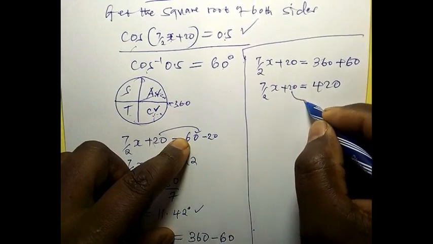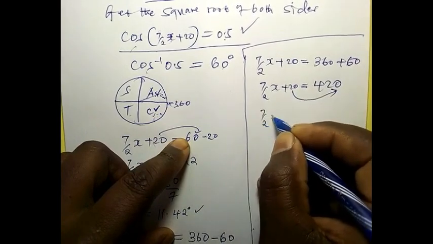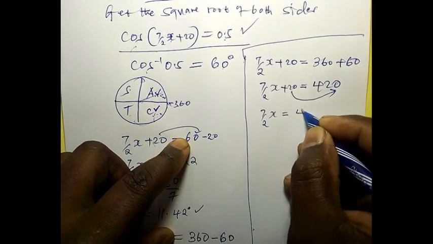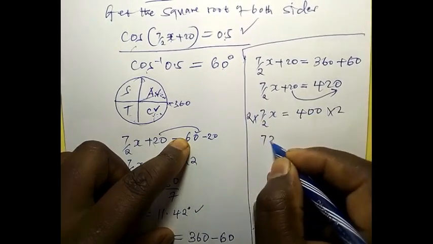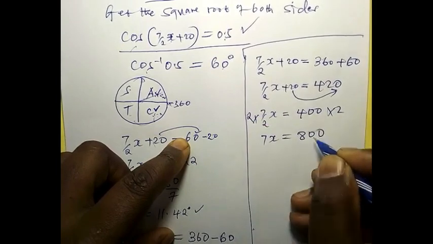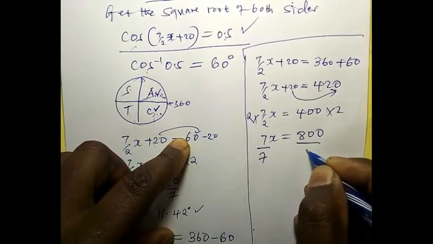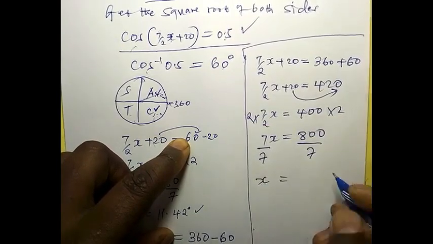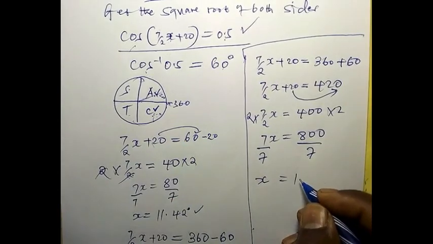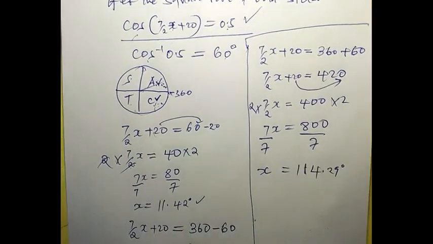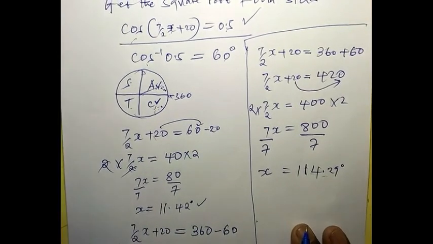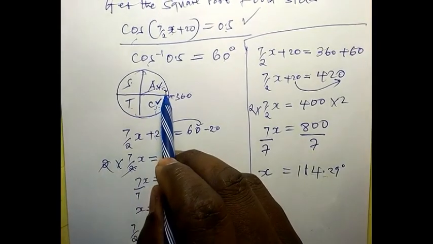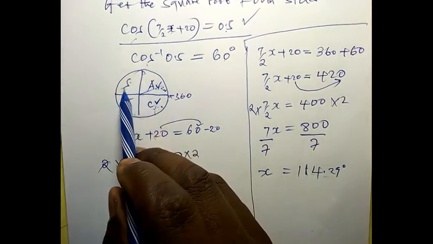So like terms together, 7/2 x equal to 400. Times 2 both sides, 7x equal to 800. Divide both sides by 7, x will be equal to 114.29 degrees.